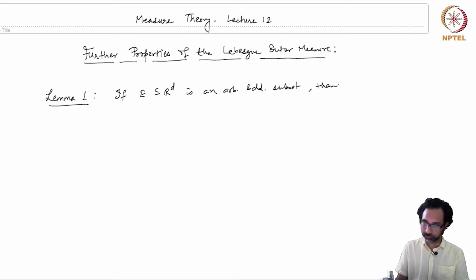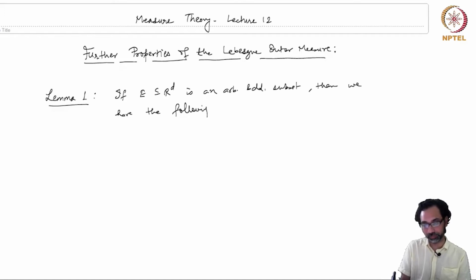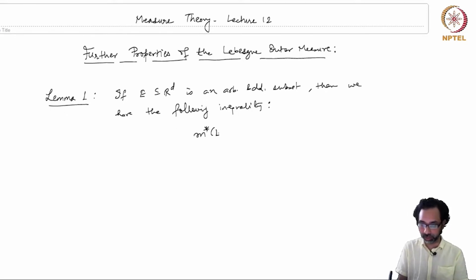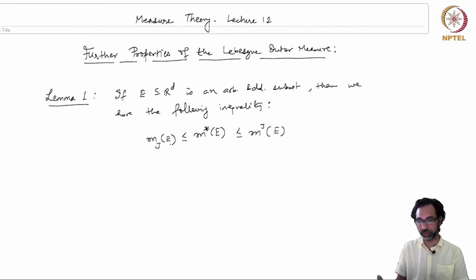then we have the following inequality which compares the Lebesgue outer measure m*(E) with that of the Jordan inner and outer measures. So we have already seen that the Lebesgue outer measure is bounded above by the Jordan outer measure, but it is also bounded below by the Jordan inner measure.